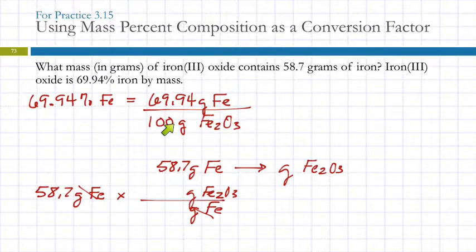Here I have grams of iron per 100 grams of Fe2O3. So I want to take this part, the grams of Fe2O3. My units here tell me that goes on the top. So I've got 100 up there, and the 69.94 is in the bottom.